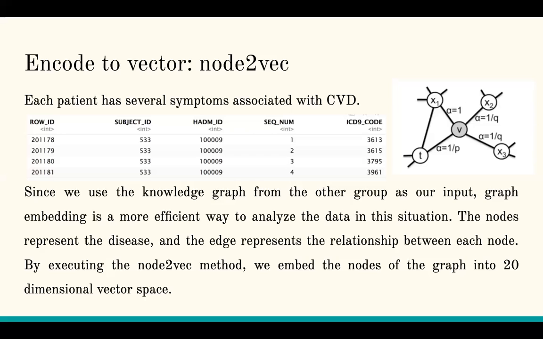For example, we can adjust the values of P and Q in the picture on the right here. In this step, after we get the knowledge graph from the other group, we embed the EMR data into vectors, and we get a 20-dimensional vector space.